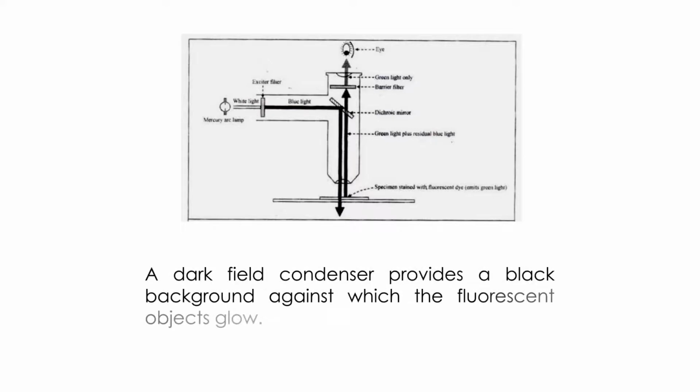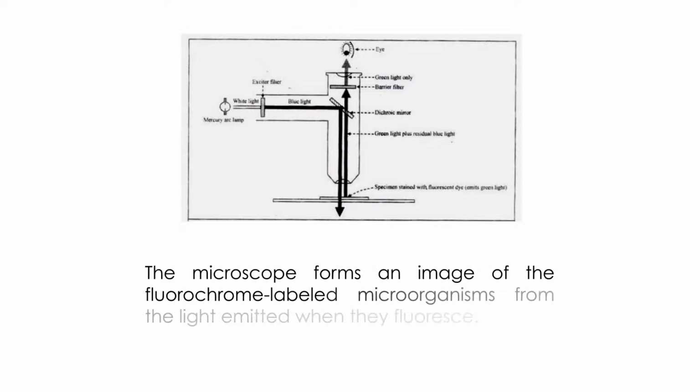A dark field condenser provides a black background against which the fluorescent objects glow. The microscope forms an image of the fluorochrome-labeled microorganism from the light emitted when they fluoresce.